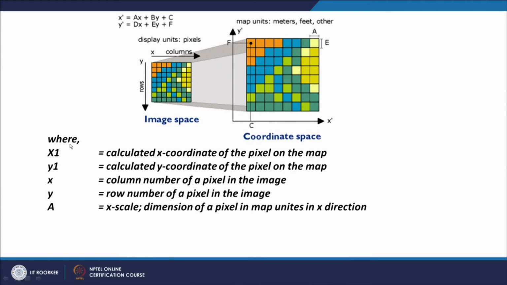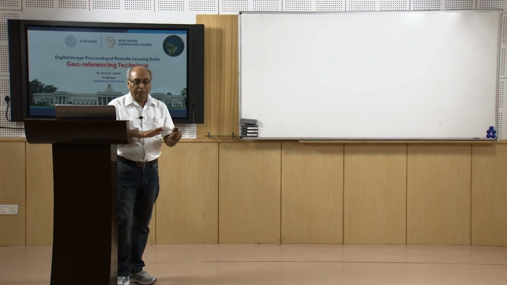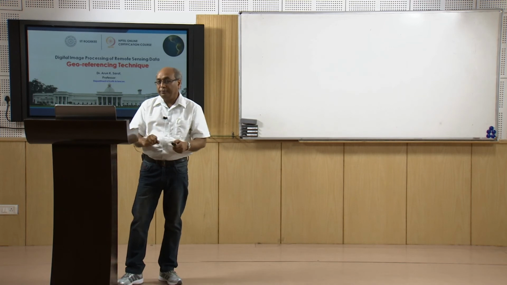Now what we are trying to achieve is x and y for the new image which will be the georeferenced image, and now this A is the scale dimension of the map units in x direction, because now in the second order polynomial equation, it is not only a simple transformation from geometric domain to geographic domain, but we are also going to change scale and rotate the image as well.